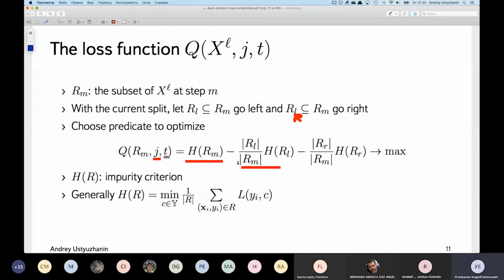And we want to maximize this thing. So we want to make it as pure as possible. If from the initial impurity we subtract impurity of the resulting split, the bigger it is, the better. It means that our splitting has given us much better purity.